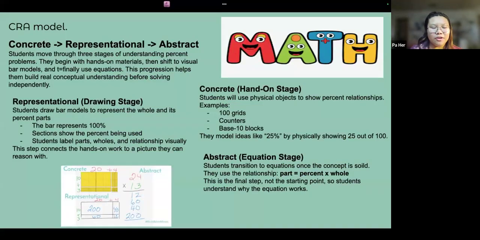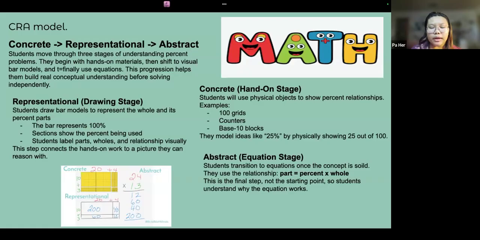The CRA model is a progression that helps students build real understanding before we ever ask them to solve equations. We will start with the concrete stage. The students will use physical objects like the 100 grids, counters, and base 10 blocks. This lets them see and touch what a percent actually represents.